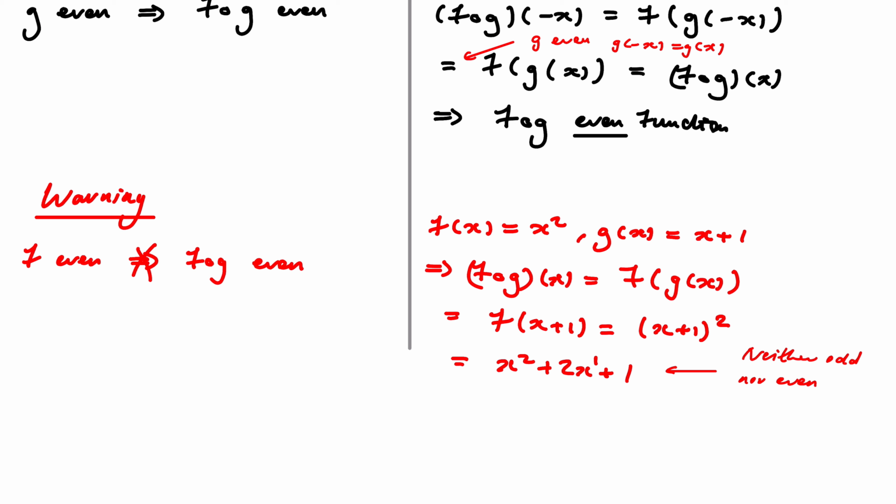So really these are just quite good exercises in understanding what odd and even means, or at least checking. So I'll do two more just for a bit more practice.